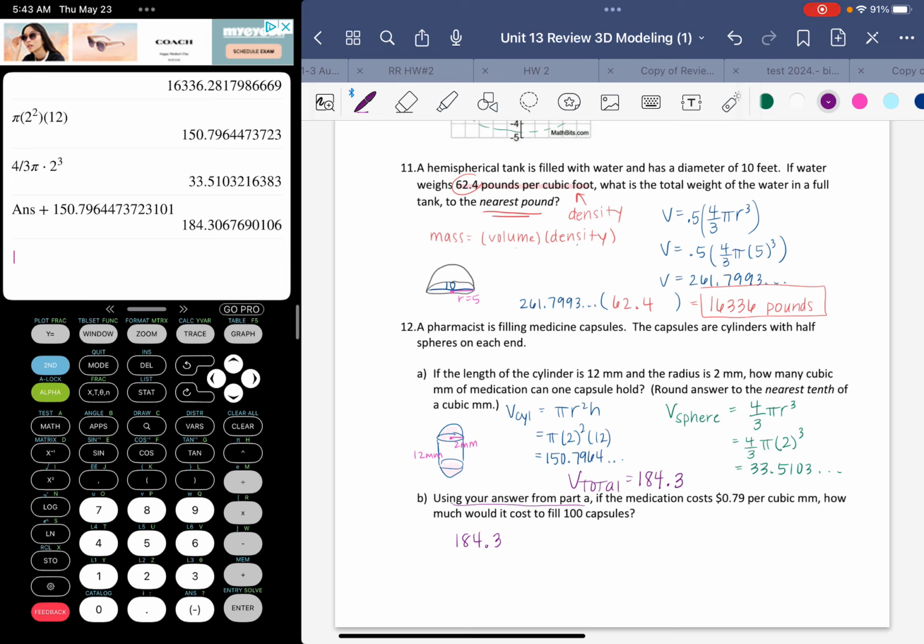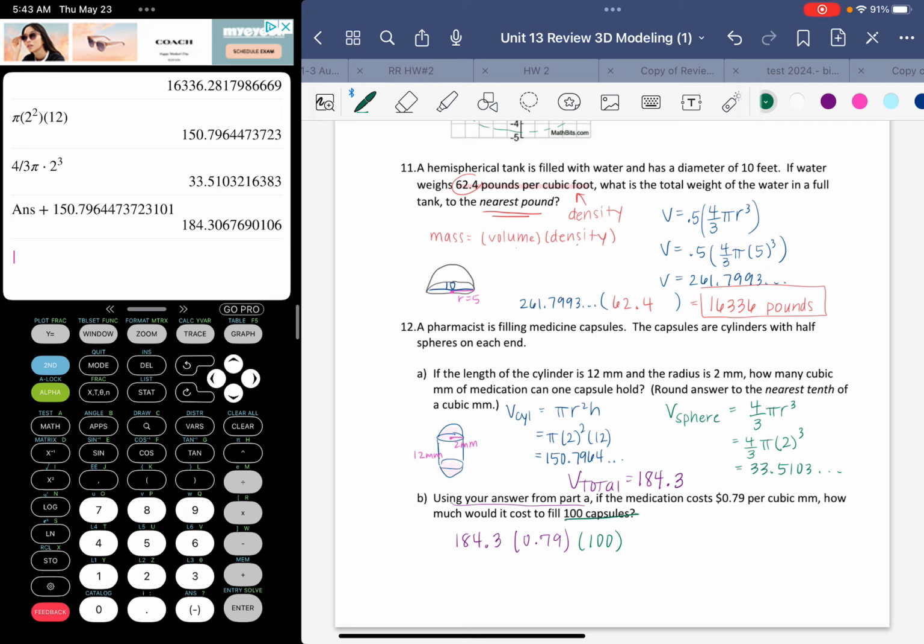And they're saying that the medication costs 79 cents per cubic millimeter. So we're going to multiply that by 79 cents. That's going to tell you how much the medicine costs for one capsule. But then it says we have 100 capsules that we're filling. So times 100.